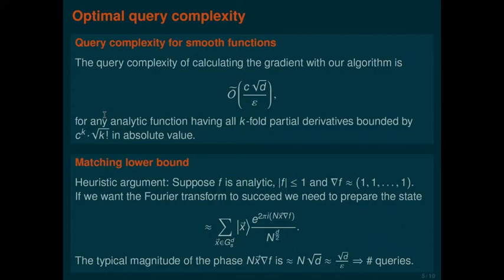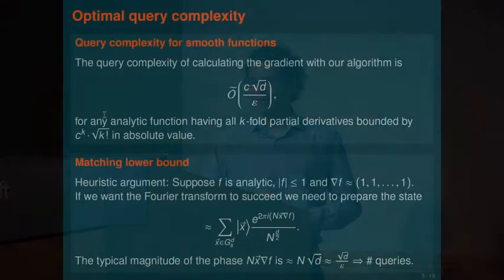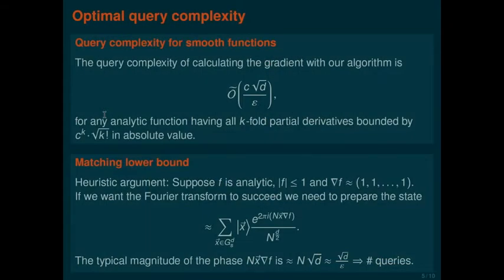While the lower bound technique is based on the hybrid method, which was used for the original Grover lower bound, you cannot reduce it to the Grover lower bound. You need to reduce it to the proof of the Grover lower bound. And it's a bit involved, so I just wanted to quickly tell the heuristic argument why this Fourier transform needs this many queries.